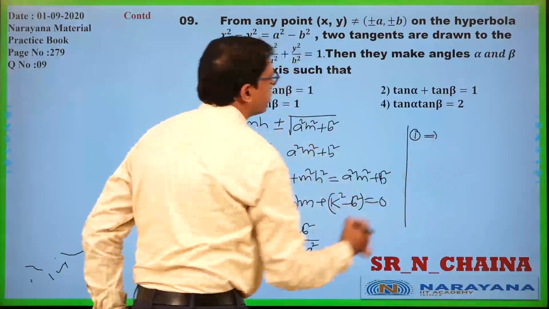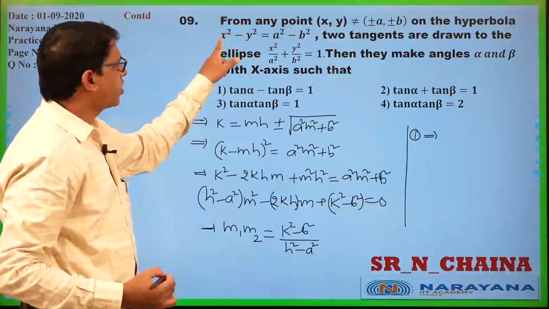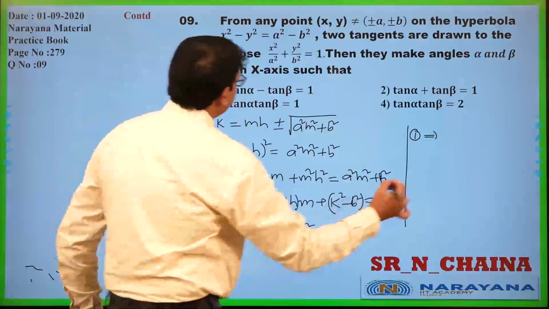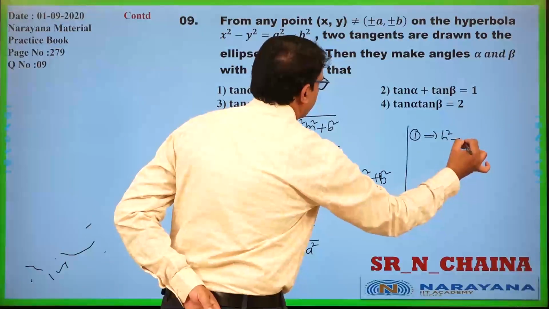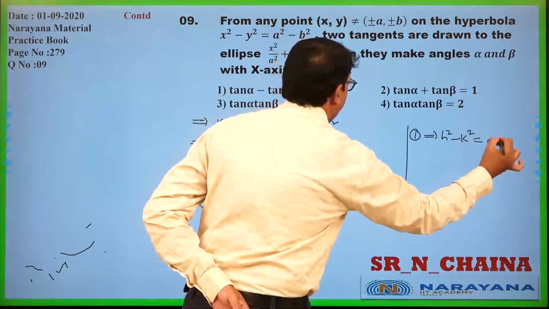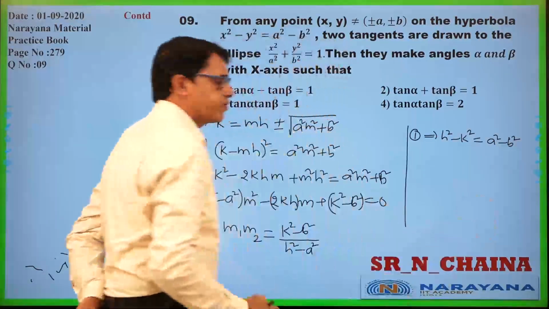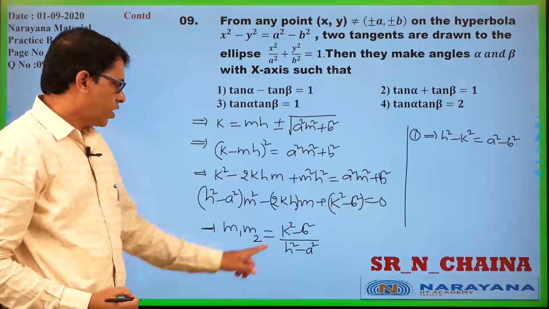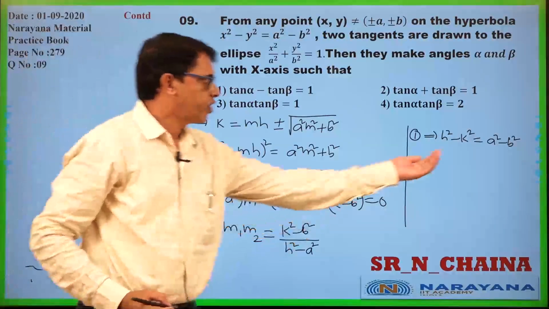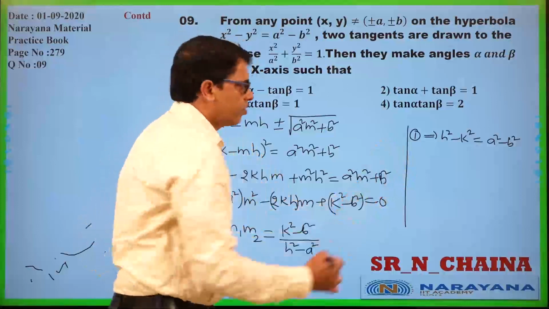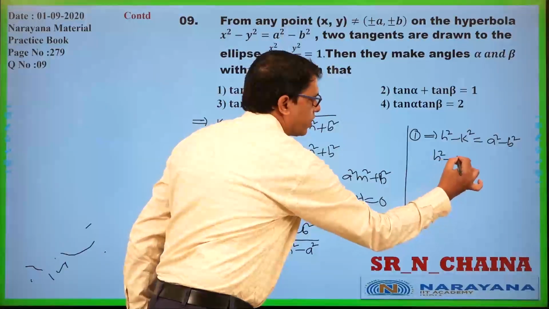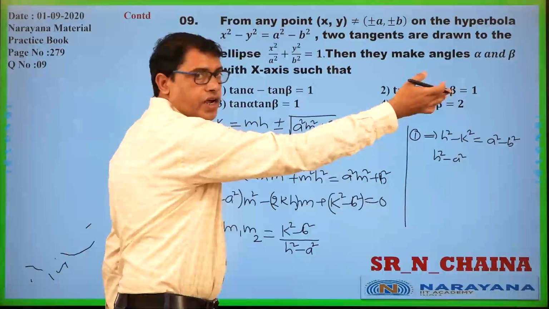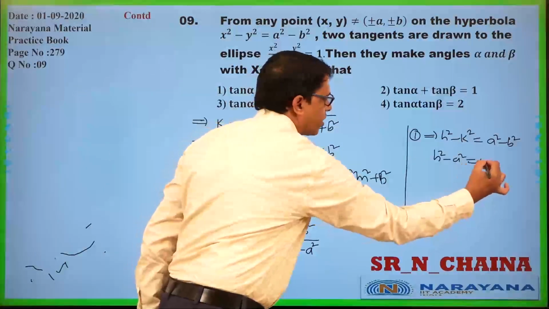Equation 1 is h square minus k square equal to a square minus b square. So from this one, for k square minus b square, bring a square to the left side. That implies h square minus a square. Take k square to the other side, so k square minus b square.